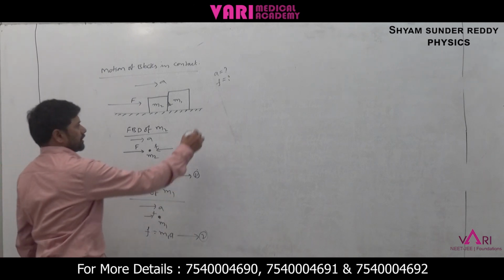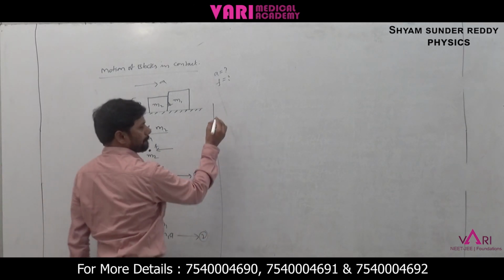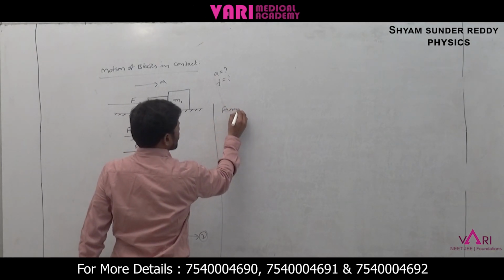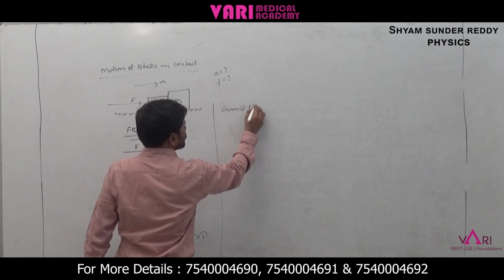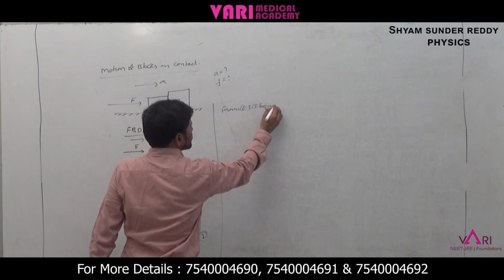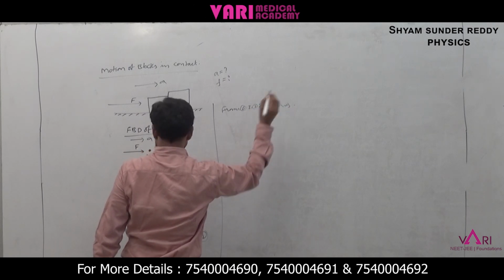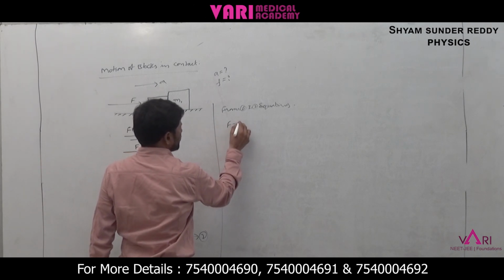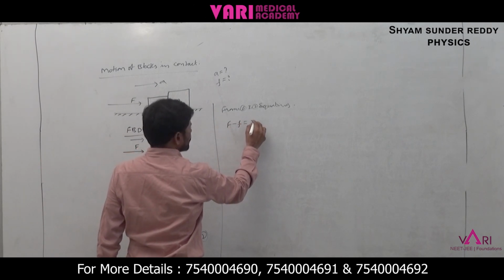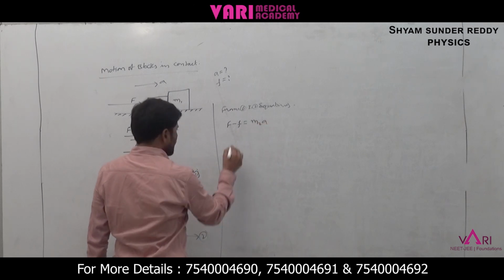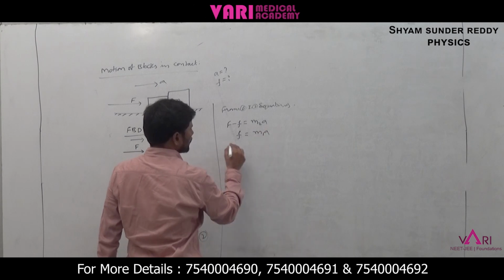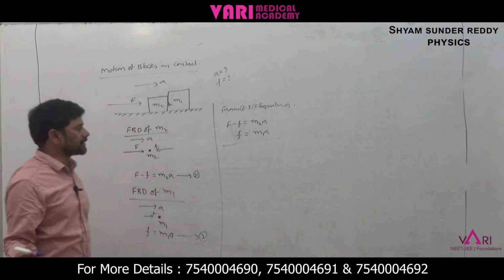From equations 1 and 2, what can we get? F minus f is equal to M2A, and f is equal to M1A. Just add the two equations.